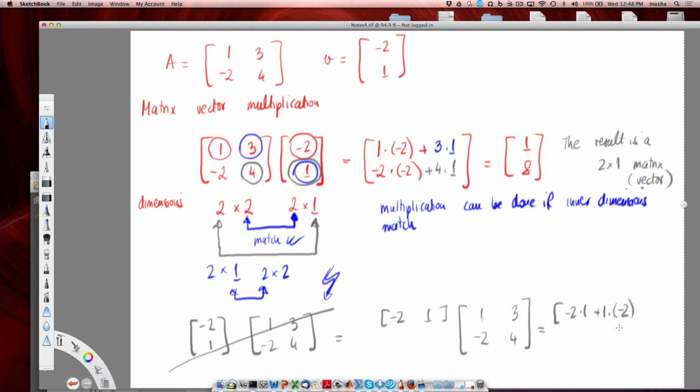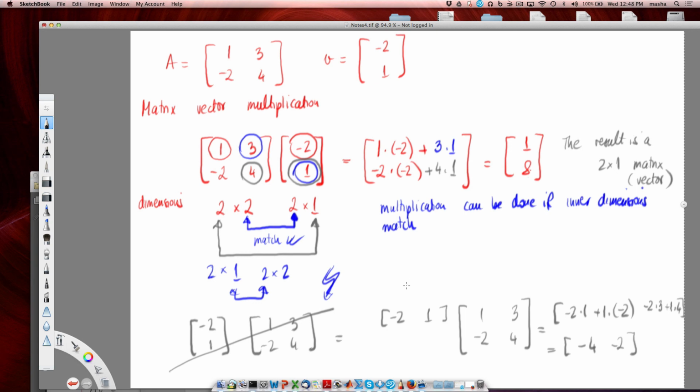And my second position, position 1, 2, will be minus 2 times 3 plus 1 times 4. So this is minus 4, and minus 6 plus 4 is minus 2.